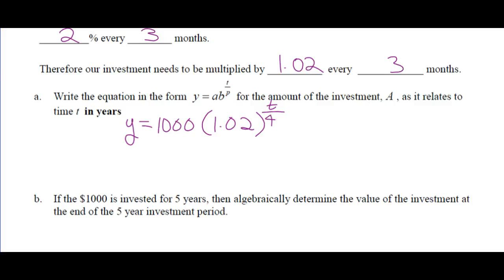So t is in years, you're going to divide by 4, because you're getting paid 4 times a year. Oh, sorry, no, you're dividing by a quarter. Because you're getting paid 4 times a year. Yeah, t divided by a quarter. So it's 1,000 for t.